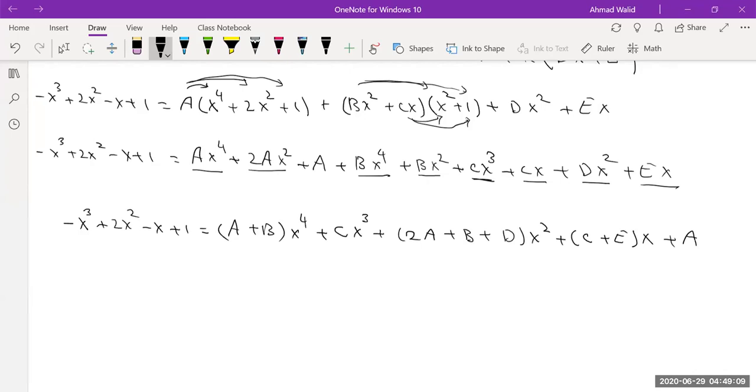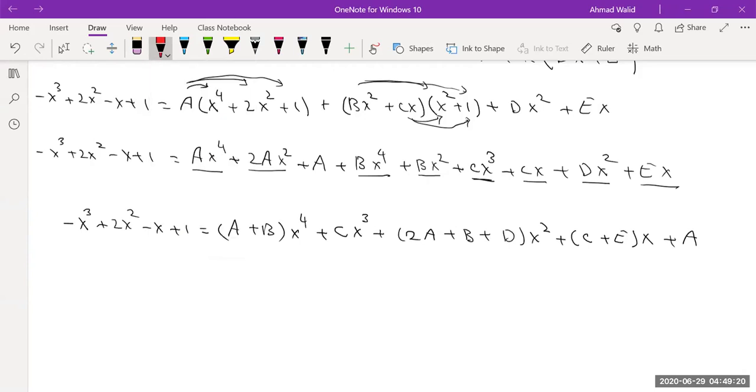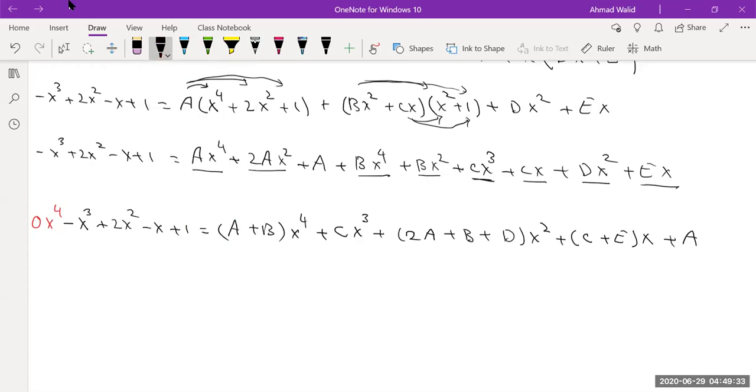Now, comparing the right side with the left side, you see x to the power of 4 is missing here. But based on the very basic algebra, I can add here 0x to the power of 4, correct? Now both sides are the same. Now I can make my equation. I can write a plus b equals 0, first term with first term.